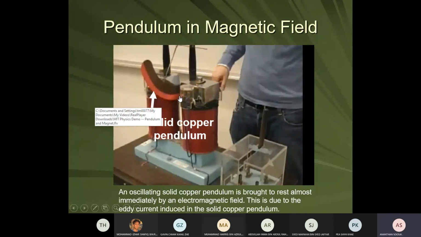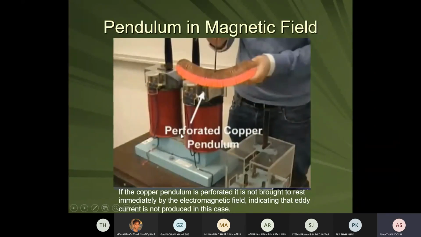They minimize the eddy current by using something called a perforated copper pendulum. Perforated means with lots of holes, or having some sort of insulator in between.